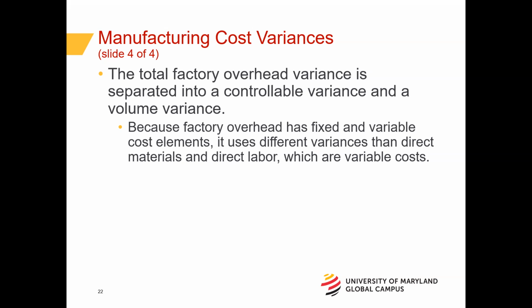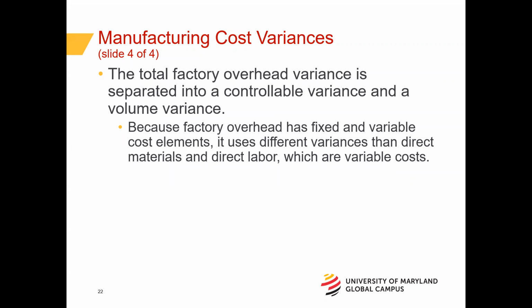But for a lot of other elements, especially those that are variable, like direct materials, direct labor, and factory overhead, which are all variable costs as we manufacture, it's usually not going to be equal to our budget. It's very rare, especially when we talk about anything that's variable. That's how the real world works anyway.